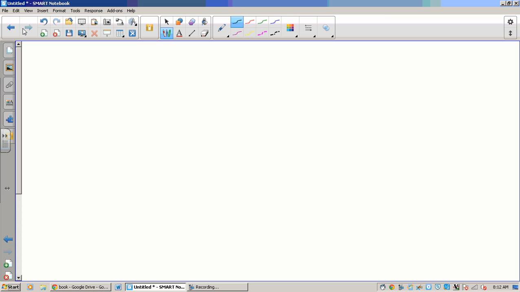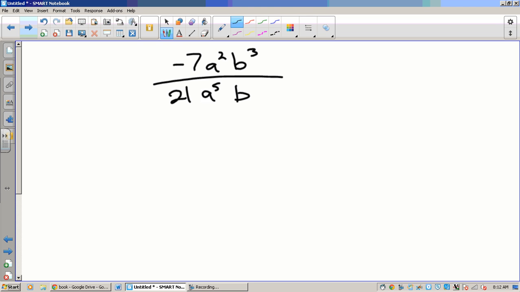So, next, expressions involving monomials. Negative 7 times a to the second power, b to the third, over 21 a to the fifth, b. What's cool about this is we've already done these problems.